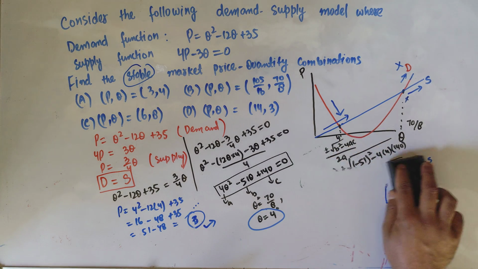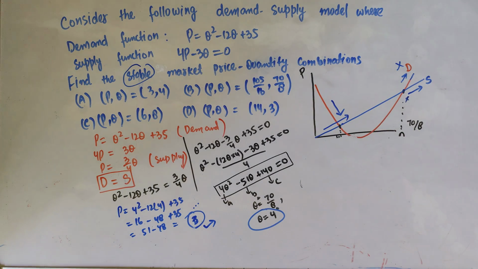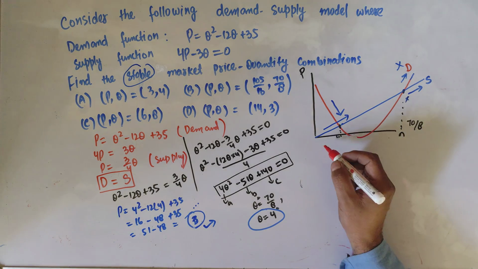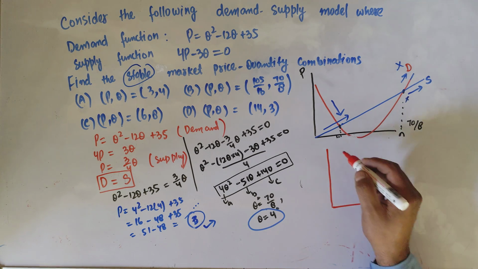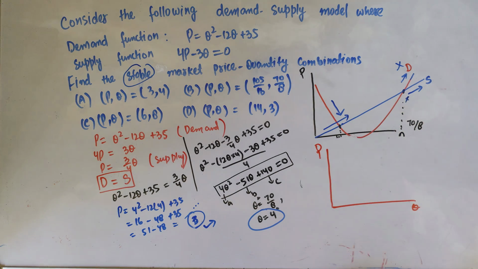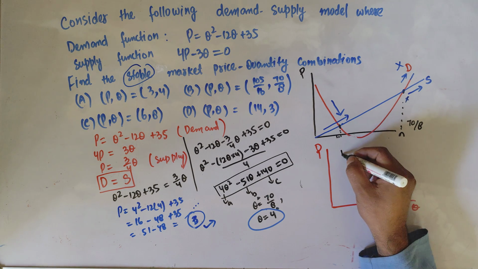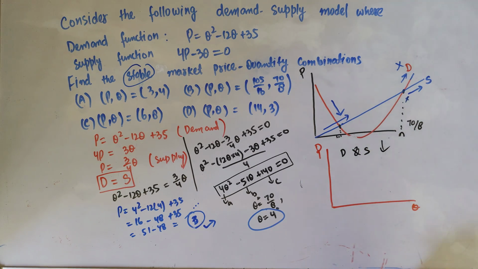Now, what are the conditions for unstable market equilibrium? This is not related to the question, but I just want to make it more clear to you. So let us write it here. We have price on this axis. The first condition for unstable market equilibrium is that both demand and supply functions should be downward sloping.